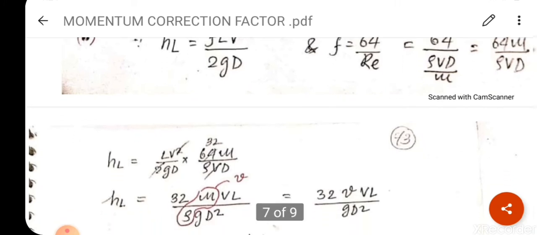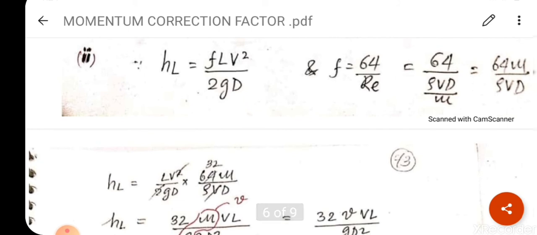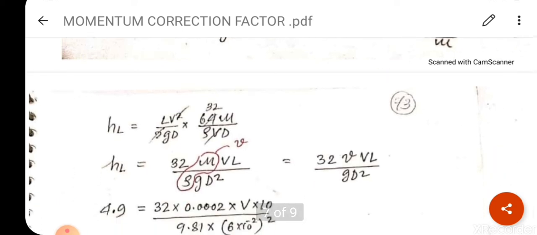So putting the value in this equation, you will get HL is equal to L V square upon 2 G D into 64 mu upon rho V d. So head loss value I will get as 32 nu V L upon G D square. After simplifying the term, we will get head loss is equal to 32 nu V L upon G D square.